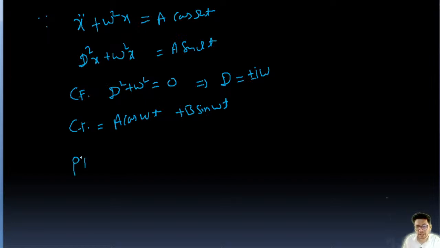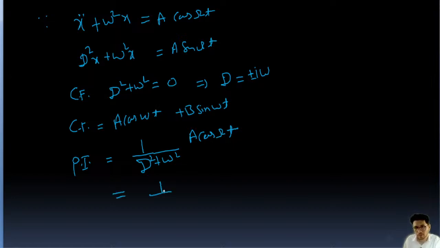Now we'll find the PI. PI is going to be 1 upon D square plus omega square acting on a cos capital omega t. So we know how to do it, right? In D square we will write minus capital omega square.